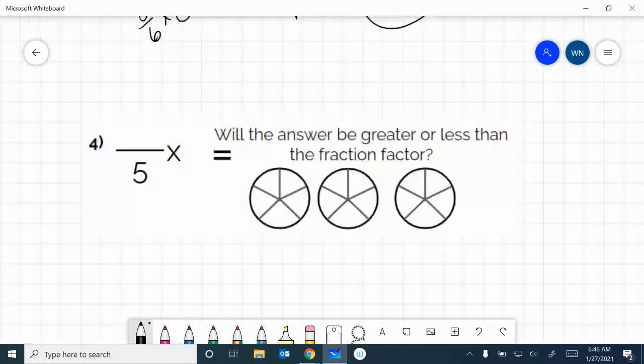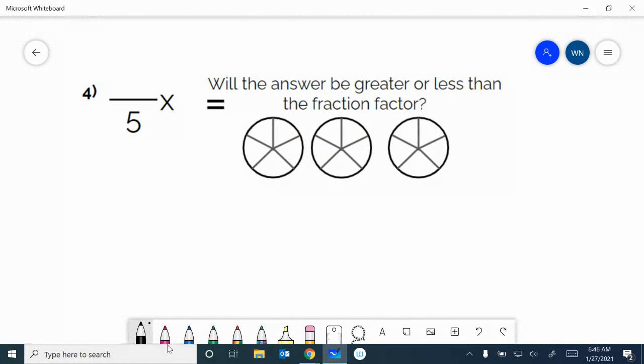Let's do number 4. You've got 3/5 times 3. Go ahead and work it out. For this one, let's color in 3/5. We've got 1, 2, 3/5. That's colored once. 1, 2, 3/5. That's colored twice. 1, 2, 3/5.